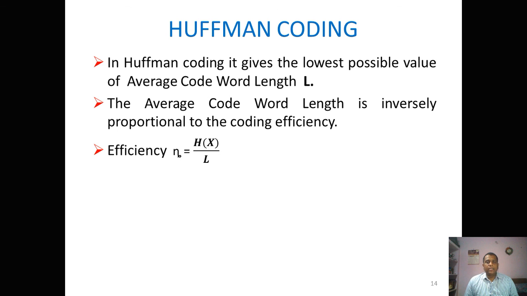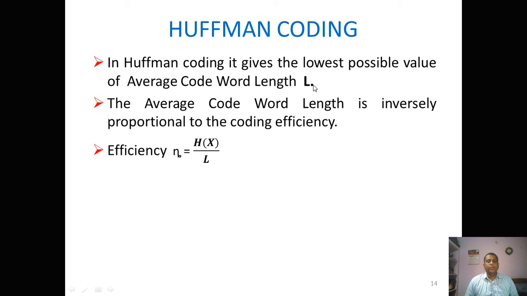In Huffman coding, the most important point to be discussed here is how efficient the system is. When compared to Shannon coding, Huffman coding is more efficient. How are we going to prove it? Huffman coding gives the lowest possible value of average code word length.